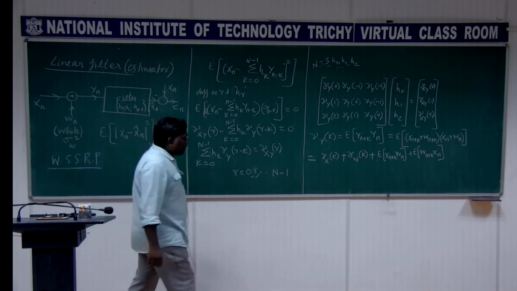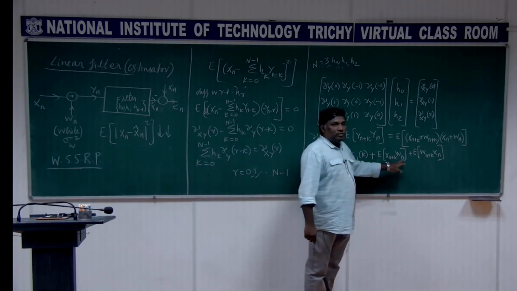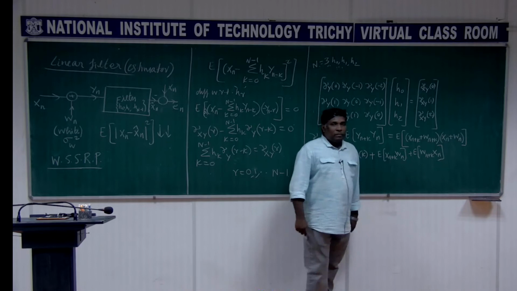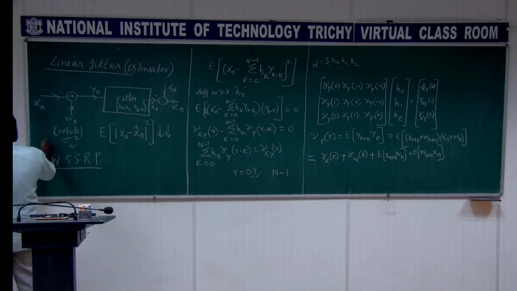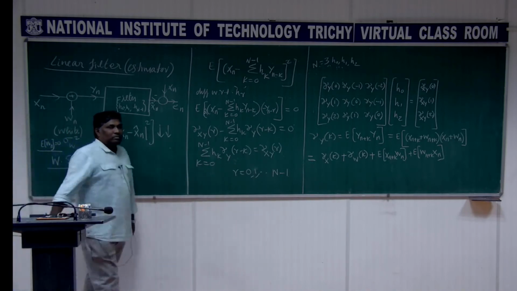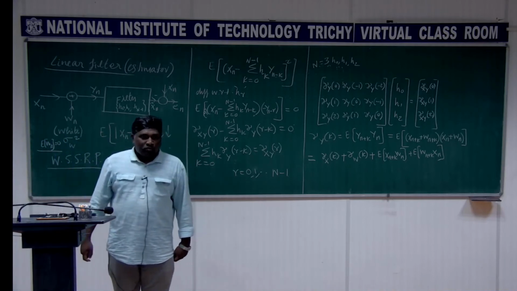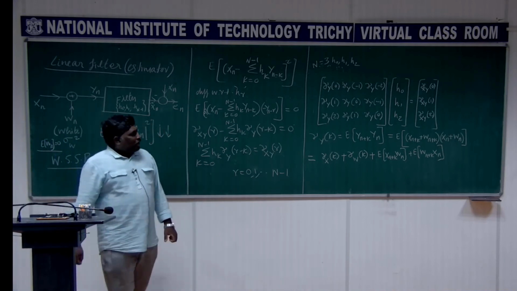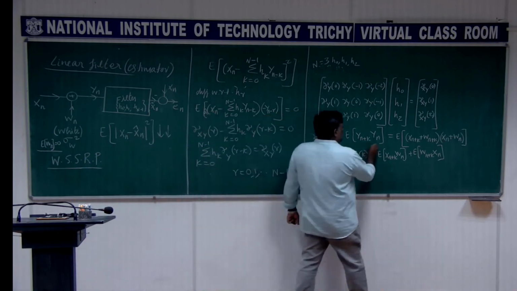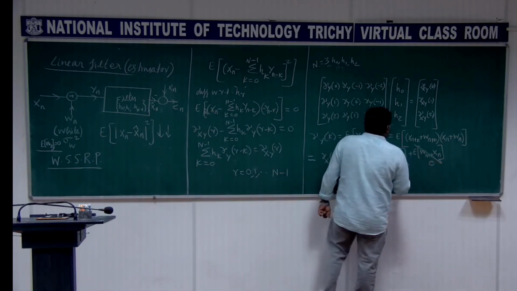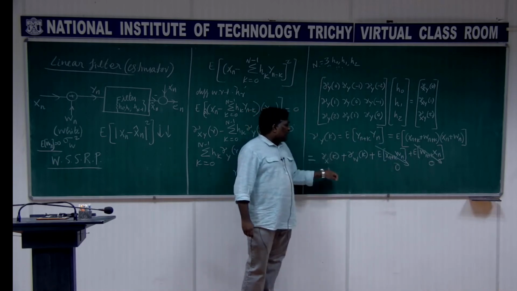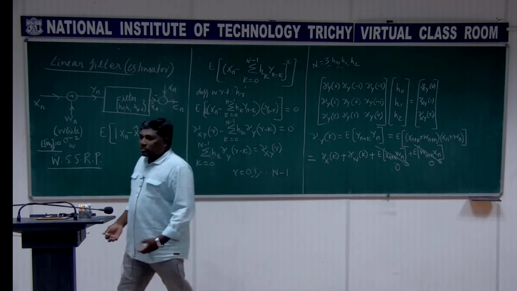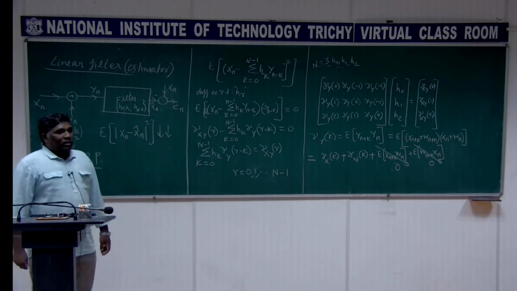So I can write the expectation of xn plus k times the expectation of wn, and the expectation of wn is assumed to be 0. These are the assumptions I am making for the noise: it is white and its mean is 0. If that is the case, the value is 0 here and 0 here. So simply gamma y of k is gamma x of k plus gamma w of k.